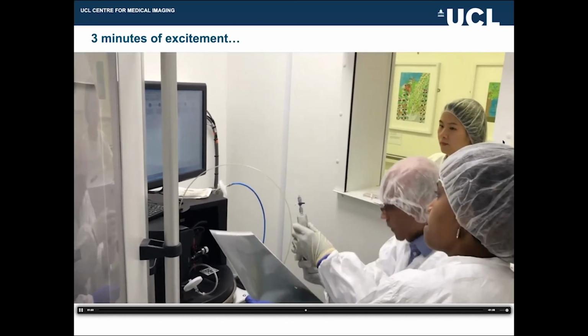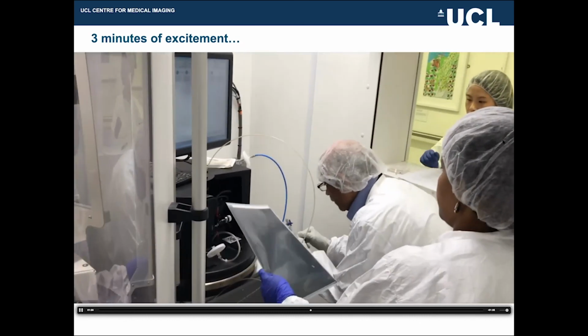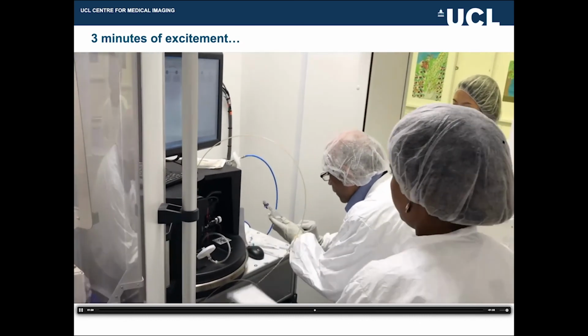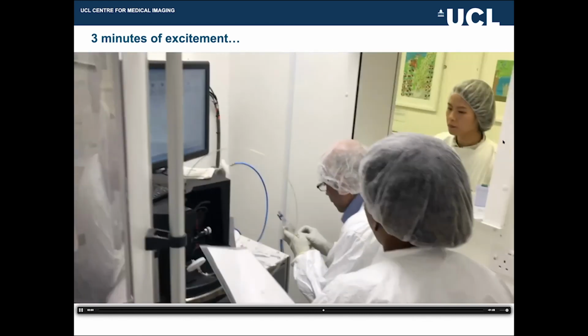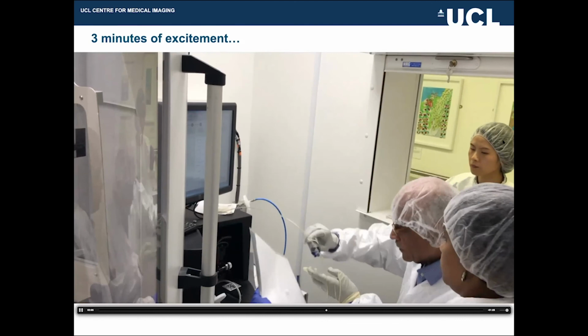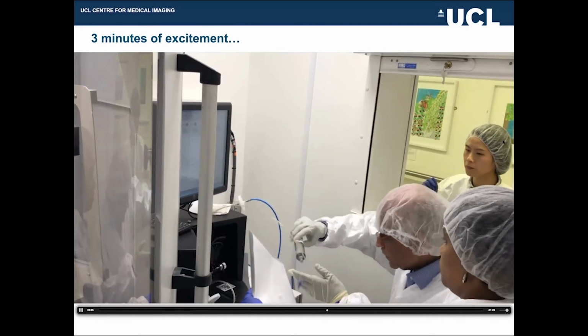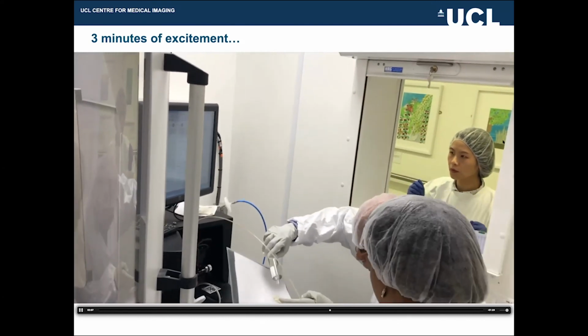So there's a quick check of that. And then there's a secondary pH test that's going on. And all this time, the signal from the injectable solution is disappearing exponentially fast. The first time we've done this, we were all fairly jittery.